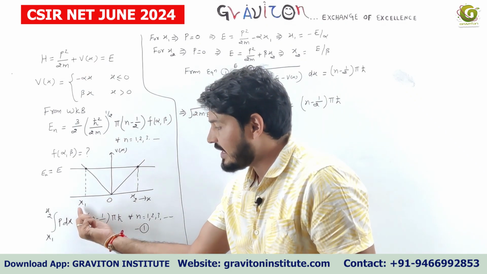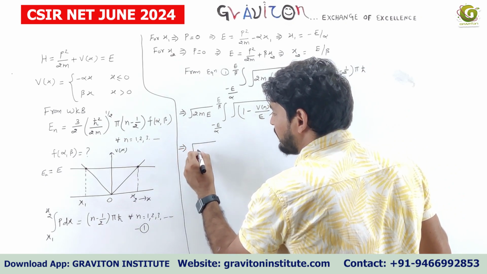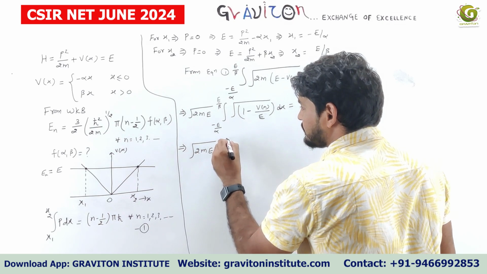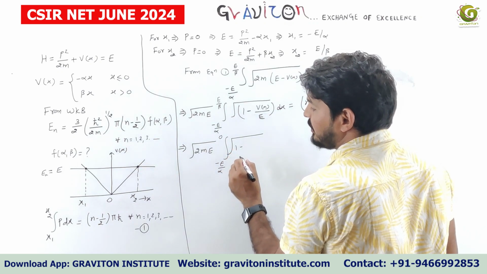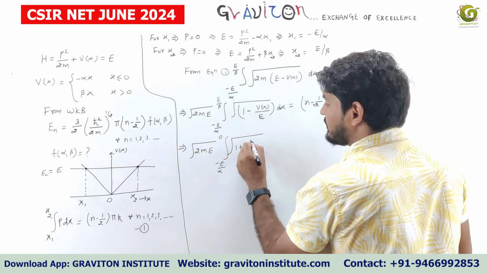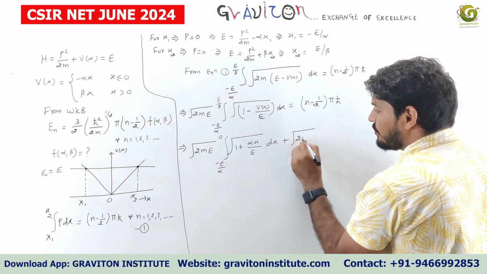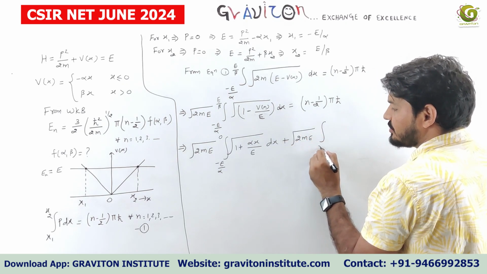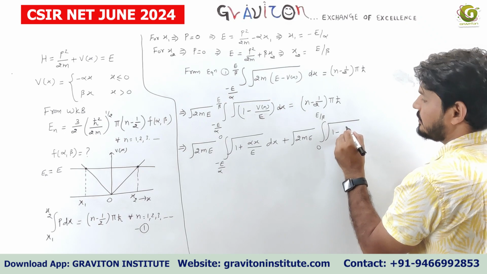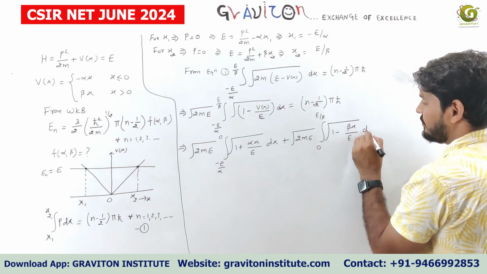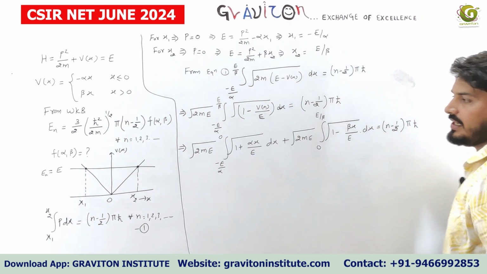So we break down the limits and put the potential: under root 2mE times the integral from minus E by alpha to 0 of under root of 1 minus (minus alpha x) by E, which becomes plus alpha x by E, dx, plus under root 2mE times the integral from 0 to E by beta of under root of 1 minus beta x over E, dx, equals (n minus 1/2) pi h-cut.